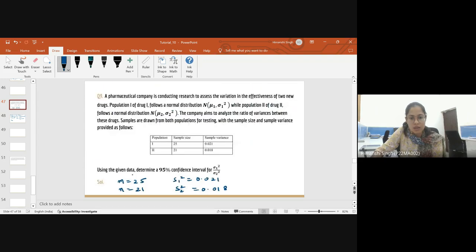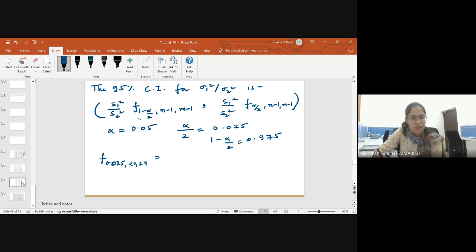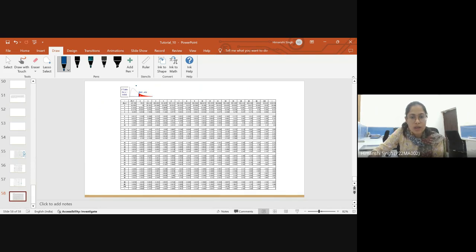So n is 20, so it will be 20, and the other is 24. I have this table with me, given for 0.025, and from this table I need to find the value. Here the degrees of freedom of the numerator are given along one side and the degrees of the denominator along the other.